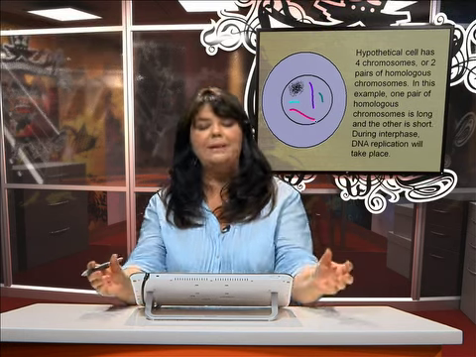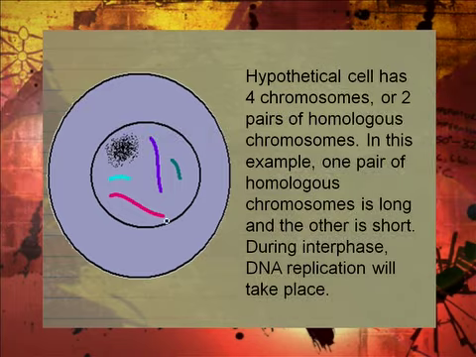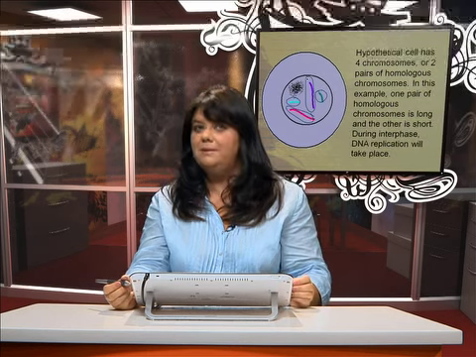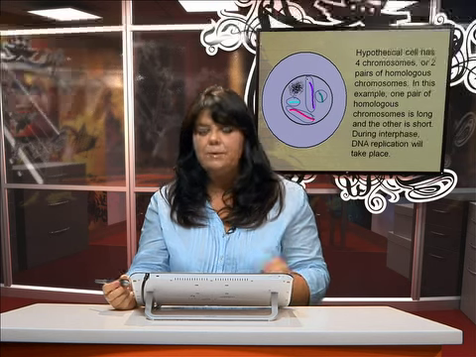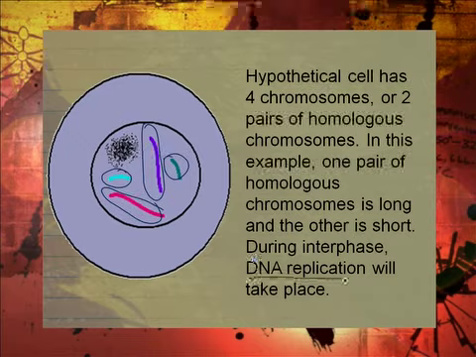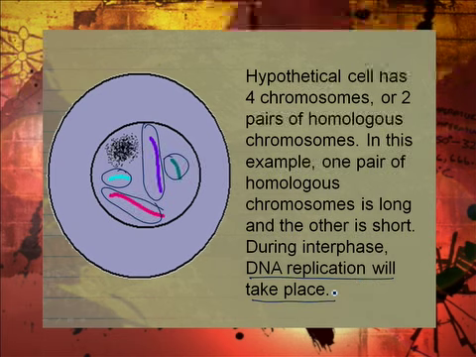So we've got a hypothetical cell with 4 chromosomes, and we're going to say that there's 1 and 1, that's a homologous pair, and this big long chromosome, there's the other homologous pair. And just as with mitosis, just before meiosis takes place, DNA replication has to take place.